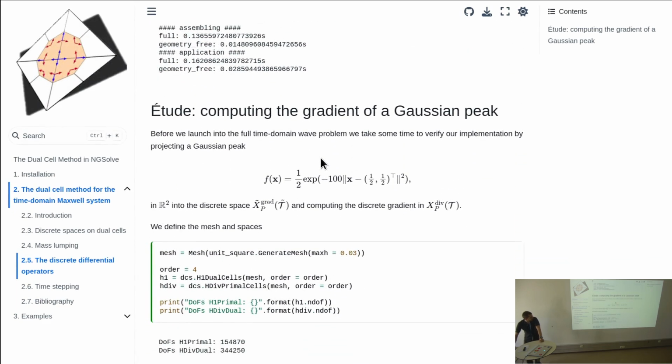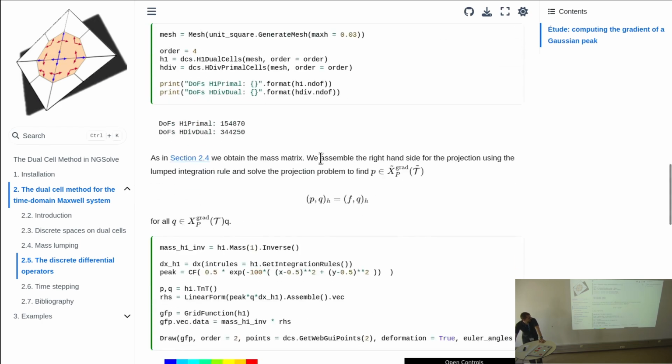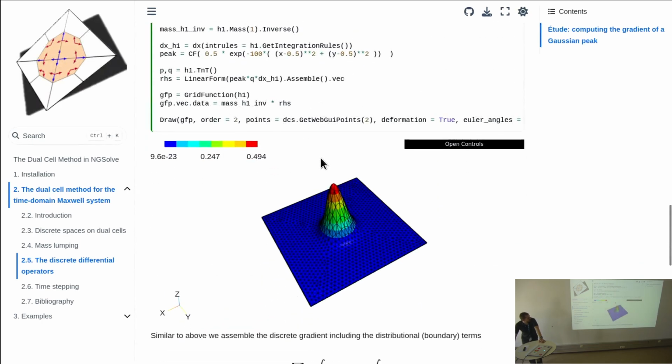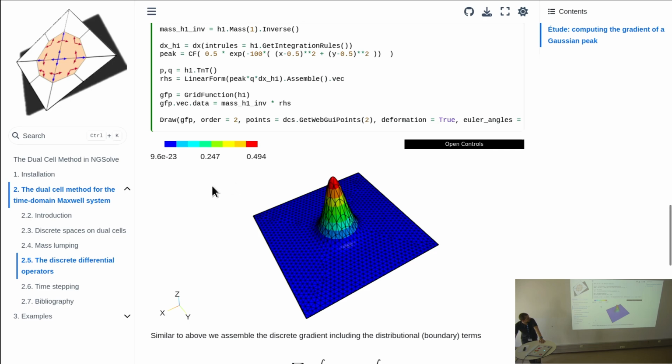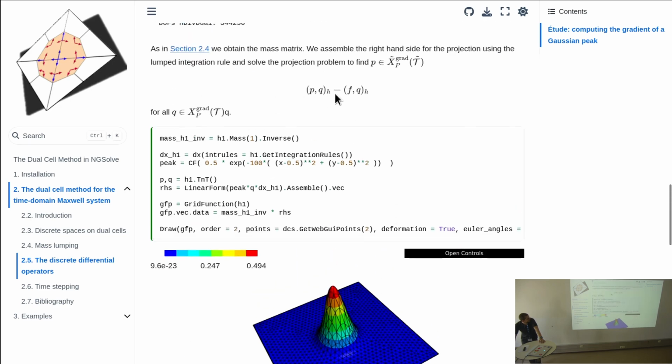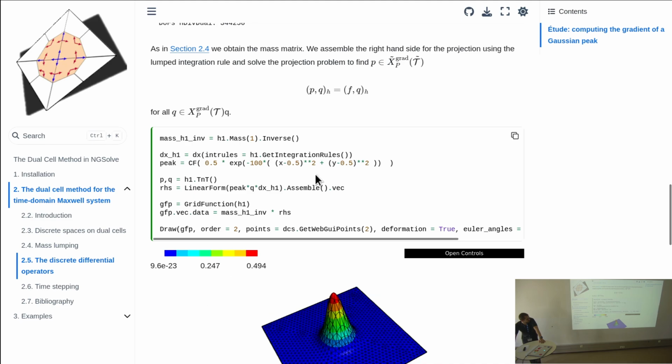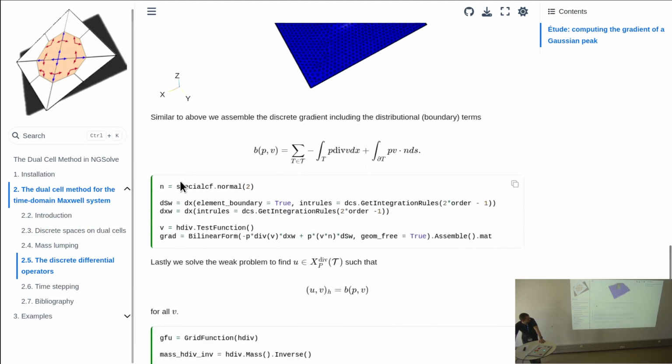Okay, so to verify that this all works, we may compute the gradient of a Gaussian peak. We can interpolate the Gaussian peak into our space, which looks like a Gaussian peak, which makes me happy.